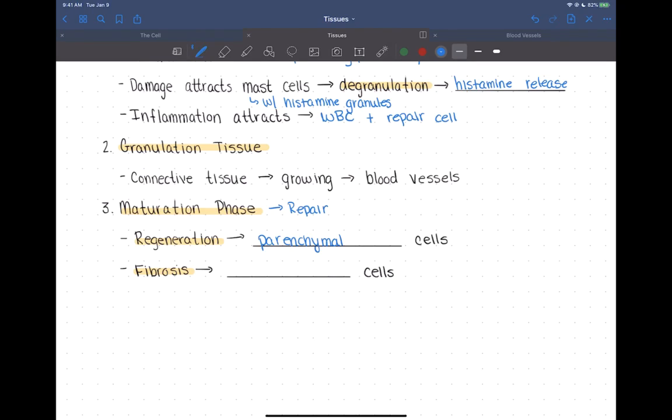If that maturation phase results in fibrosis, that would be from those stromal cells. All right, good.